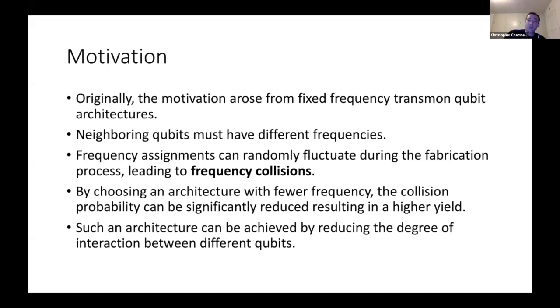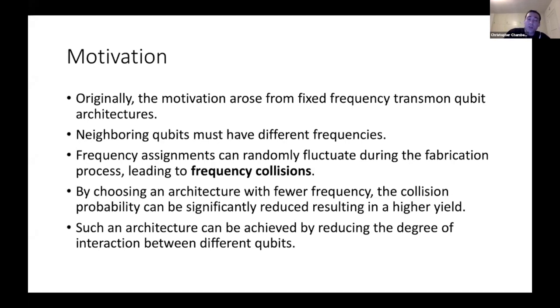From an error correction point of view, one way to do that is to have qubits interacting by nearest neighbor interactions with low degree. The reason is that when you have a low degree connectivity between the qubits, you don't have to assign as many frequencies on the whole chip, and so the total probability of frequency collision is dramatically reduced.